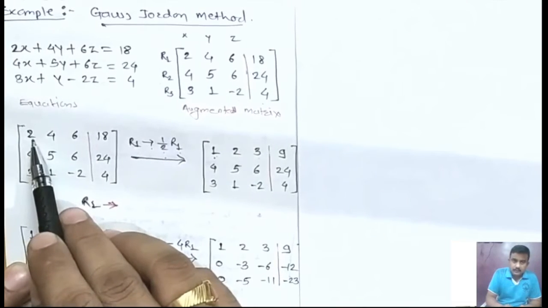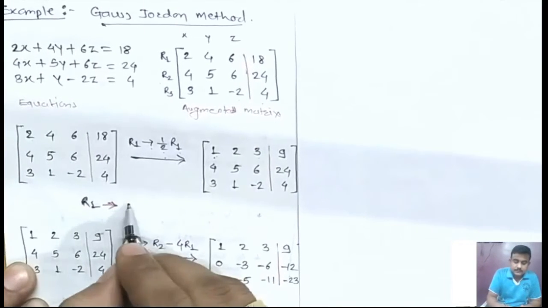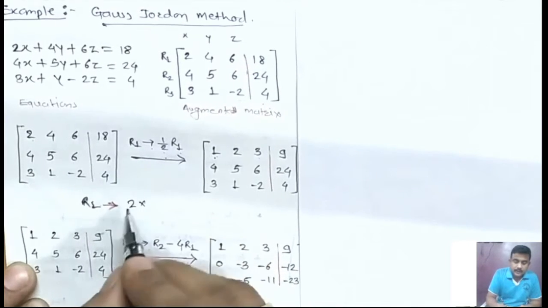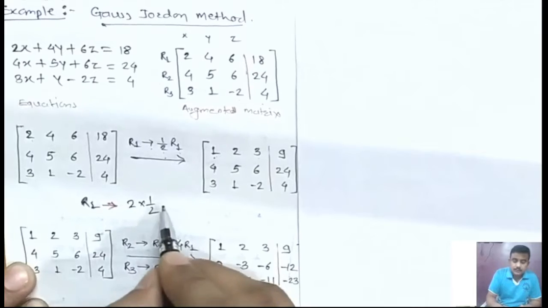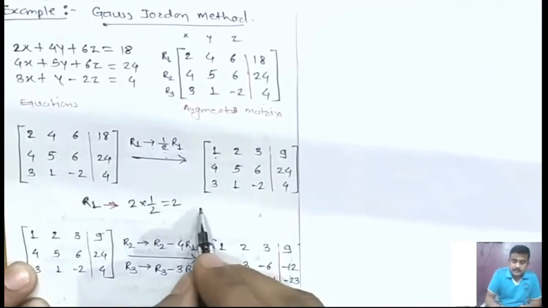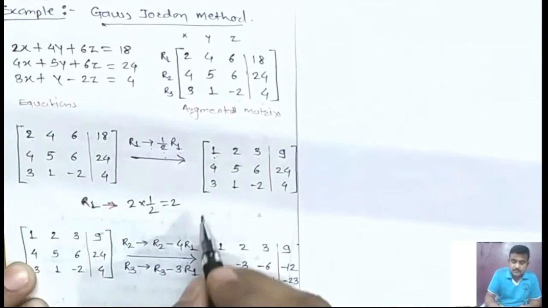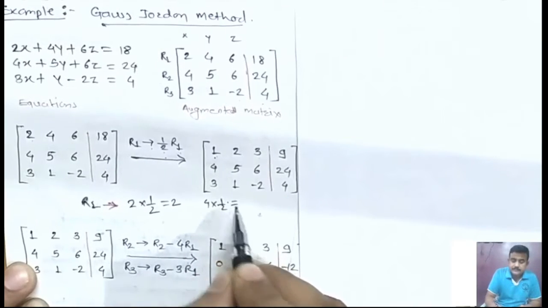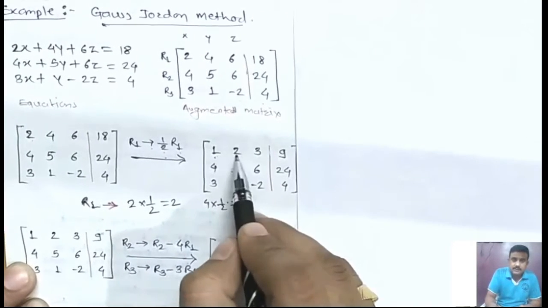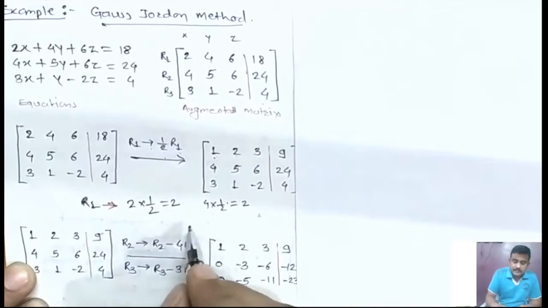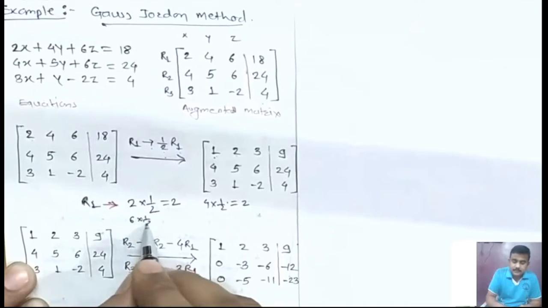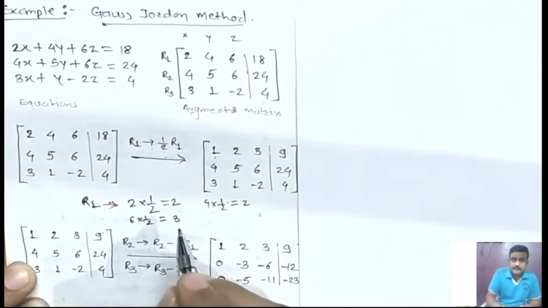The value of R1 is 2, multiplied by 1 by 2, we get 1. The second value is 4, multiplied by 1 by 2, we get 2. Next, 6 multiplied by 1 by 2, we get 3.